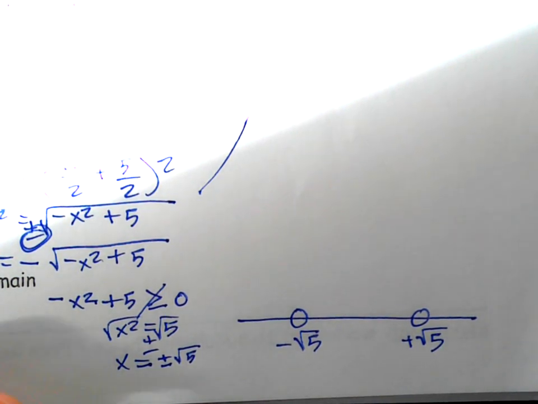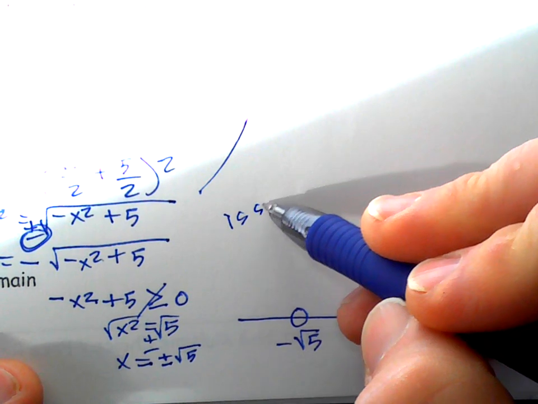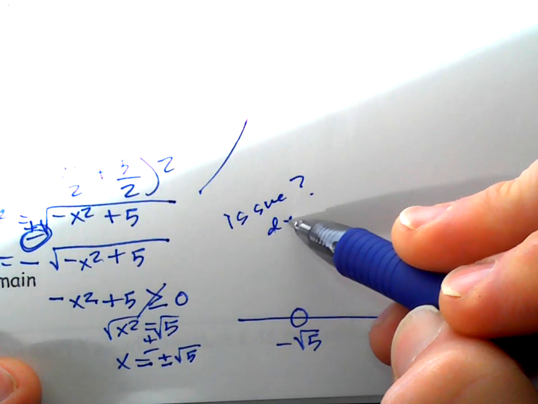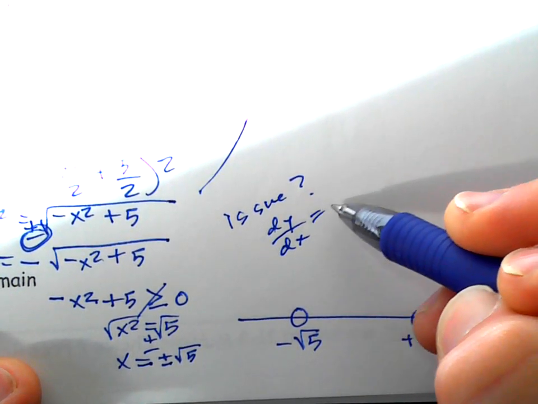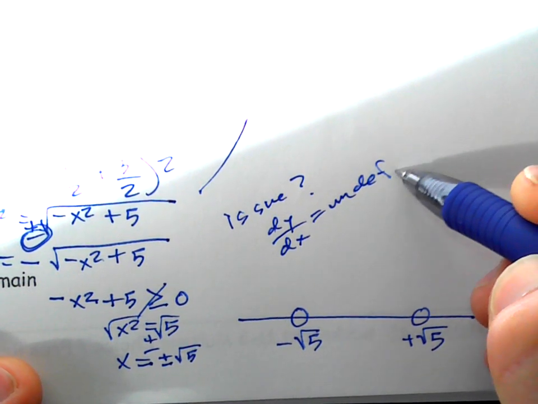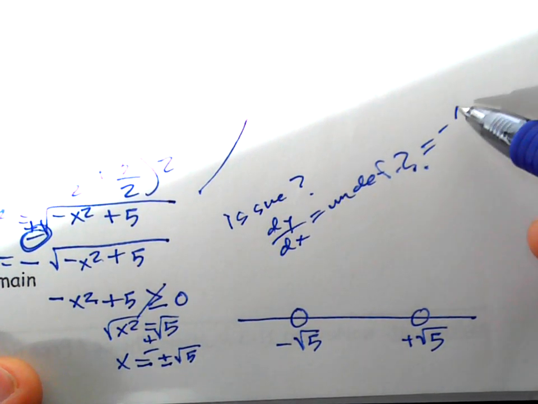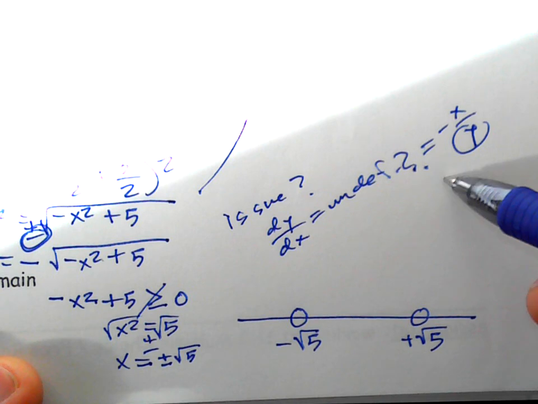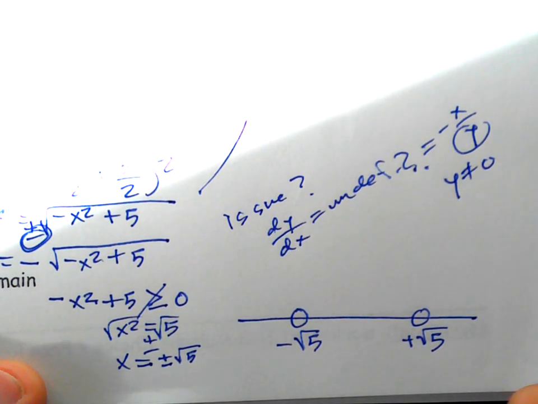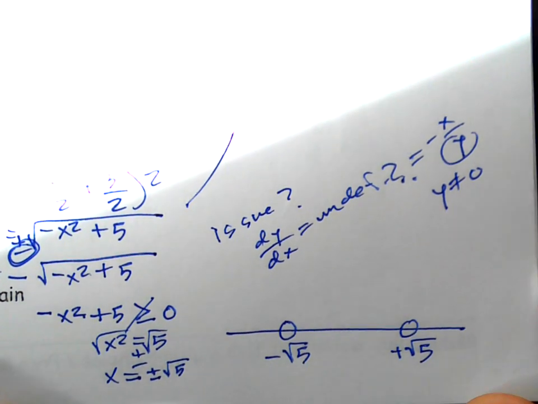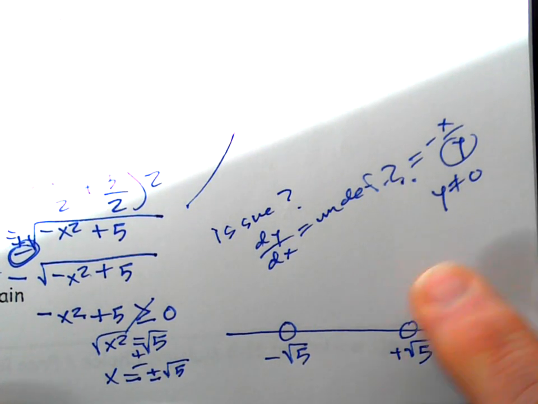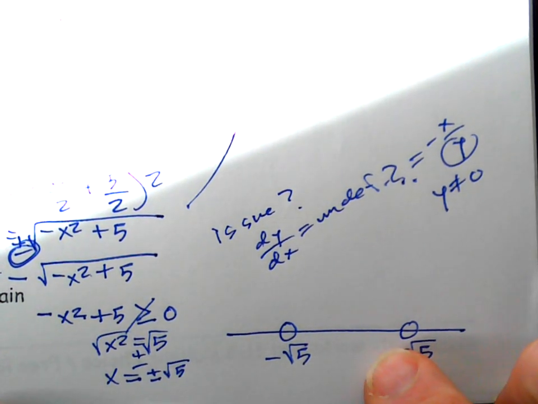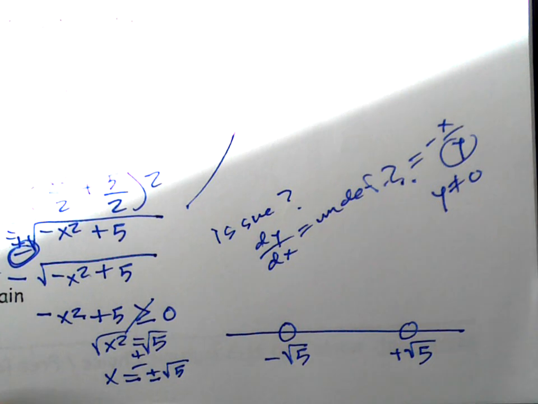The other issue we have to think about for domain is: is the original derivative ever undefined? This is negative x over y, and y can't equal 0 because then our derivative is undefined. We don't put 0 on here because that's a y value, and we're trying to figure out domain, which is x's, but that doesn't mean we ignore that, because y equals 0 for a certain x value.